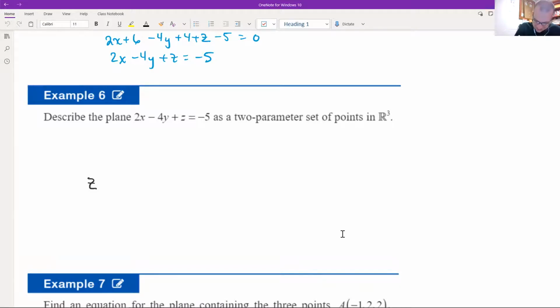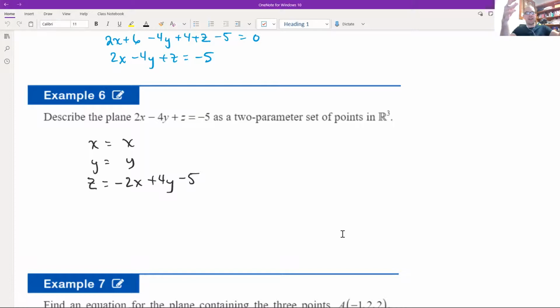Negative 2x plus 4y, and then minus 5 will just stay there. And then x can be x and y can be y. Those are our 2 degrees of freedom. And this thing is not showing up. I just noticed that. So hopefully that will show up soon.